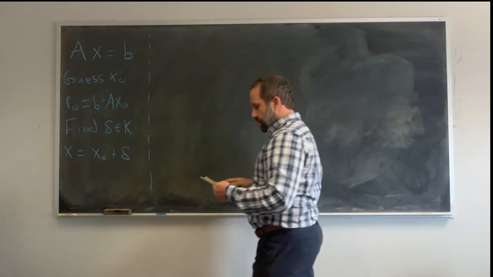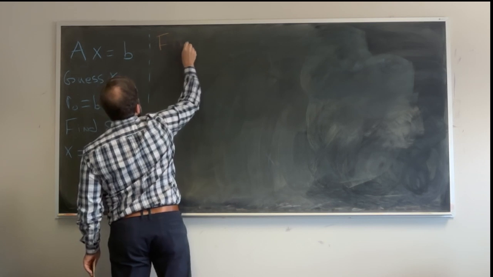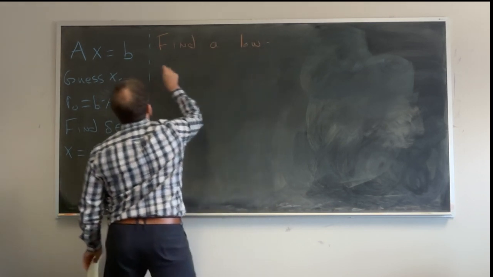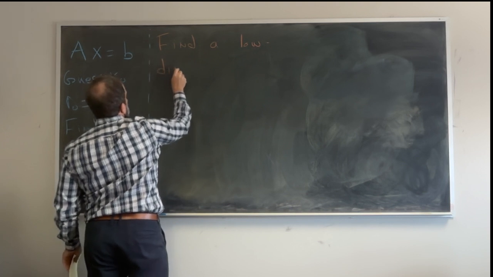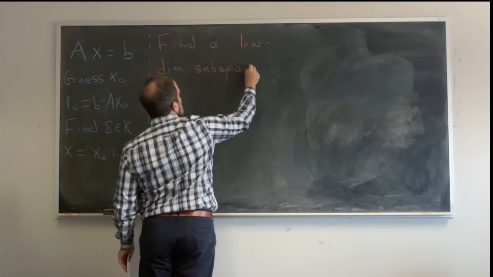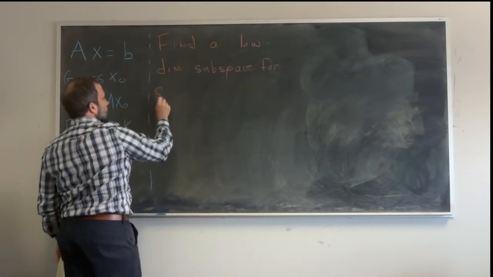And so what we want to do is find a low dimension subspace for delta to live in.